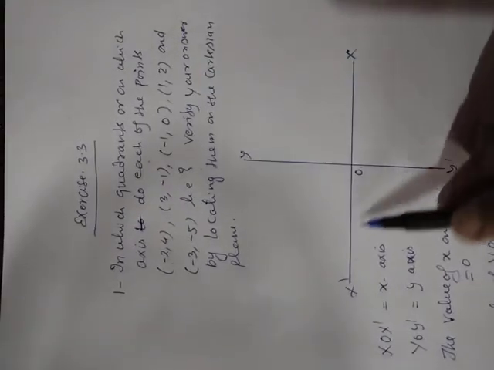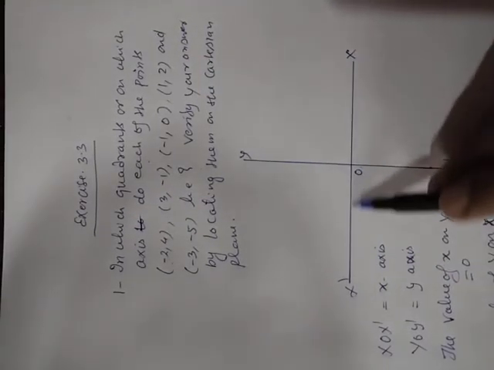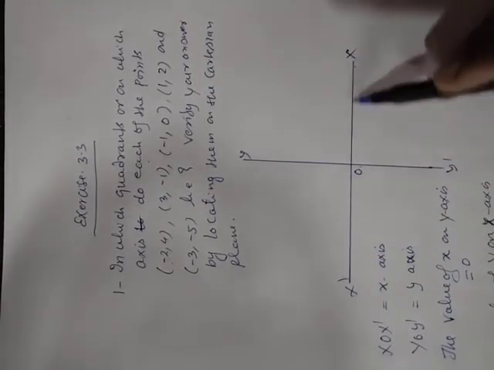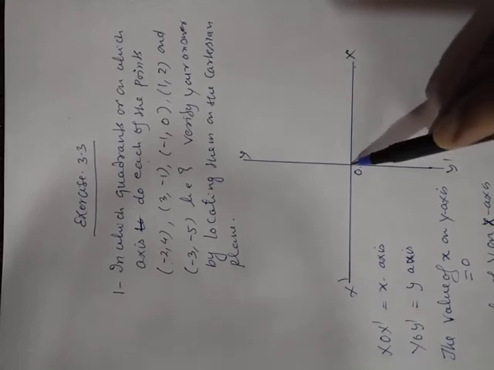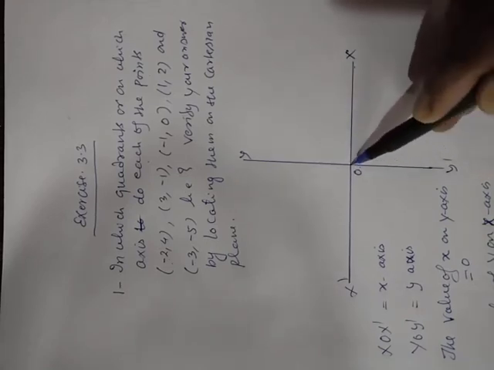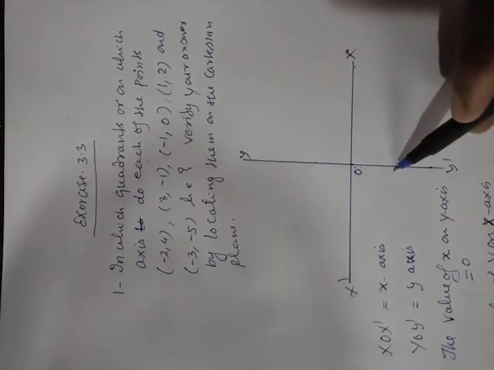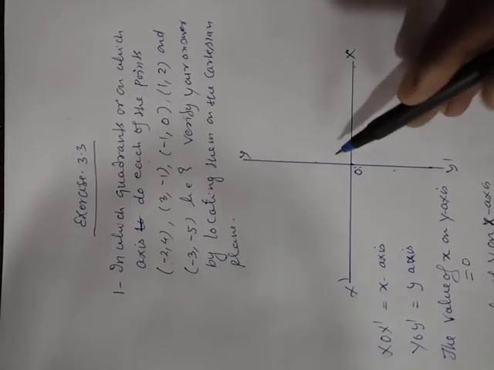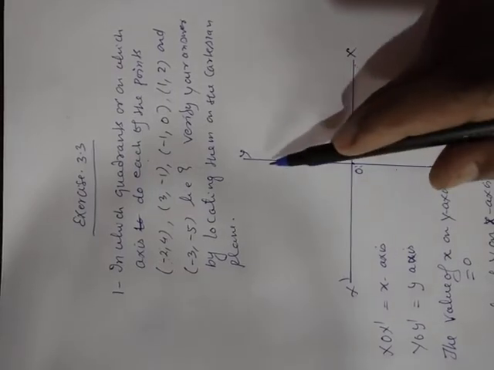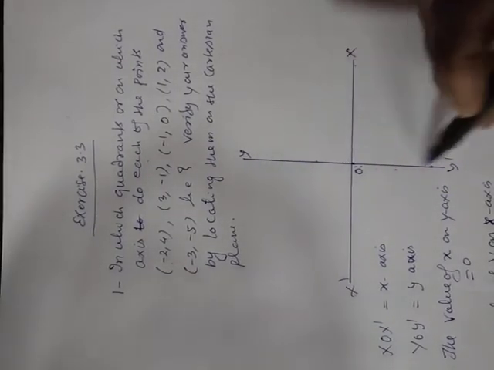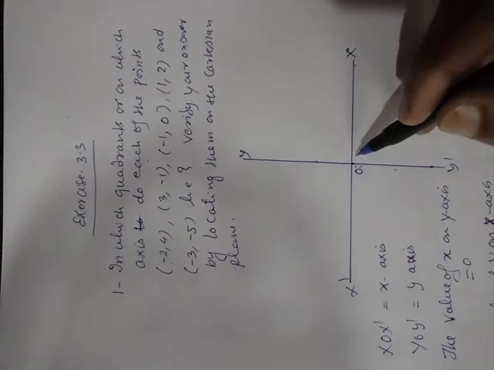If you find the value of y on the x axis, then on the x axis, above the x axis and below the x axis, the value of y is 0, and the value of x on the y axis is 0.